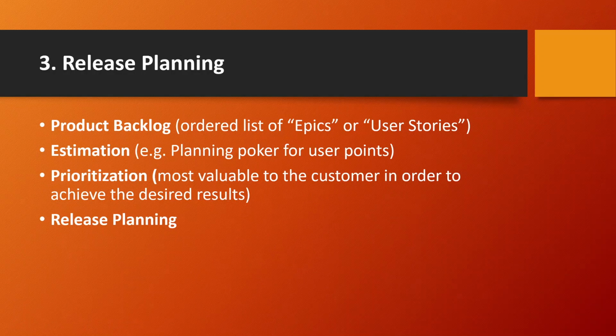Then point number 3, prioritization. Now in this step we already have a backlog and the size for the project, and we are in a position to set the priorities with the customer. So this is really about identifying what's the most valuable to the customer in order to achieve the desired results. The items at the top of the list are going to be considered more important, the second item is less important, etc. And finally, to conclude this, the approach to prioritization is an important milestone in planning this sort of migration or software project, because we know what is important to the customer and in which order to complete the work.